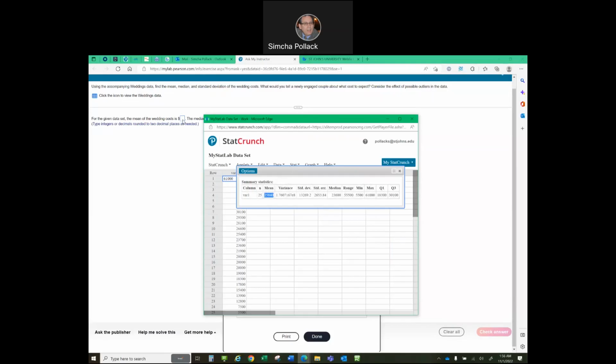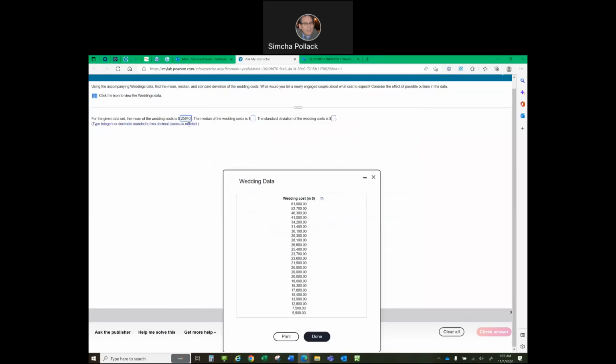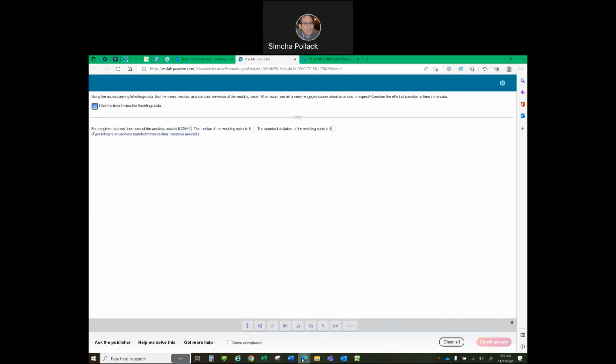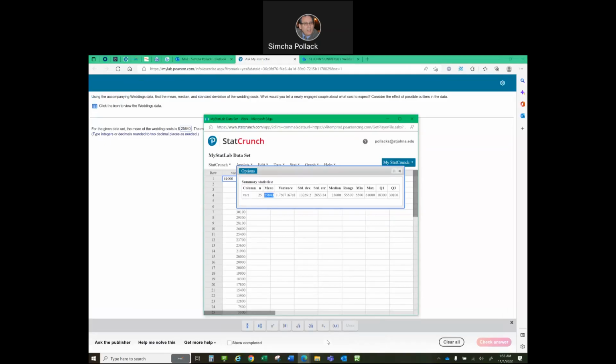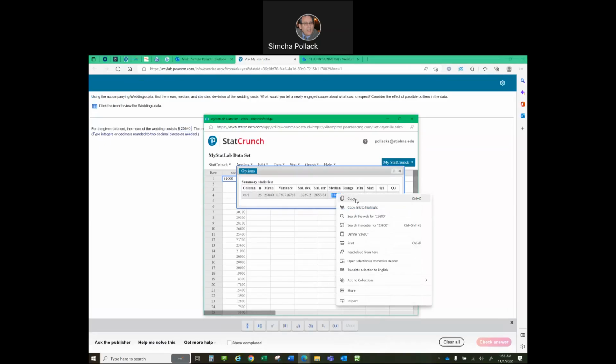See? The median is 2360. The data is symmetric. They should be copy.